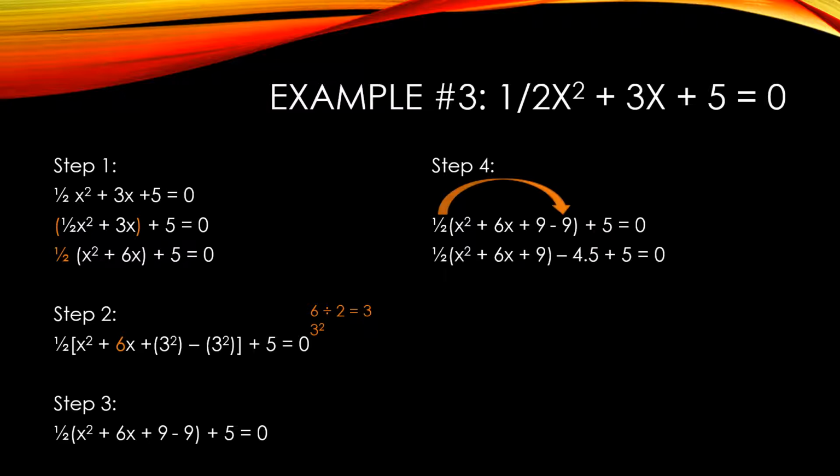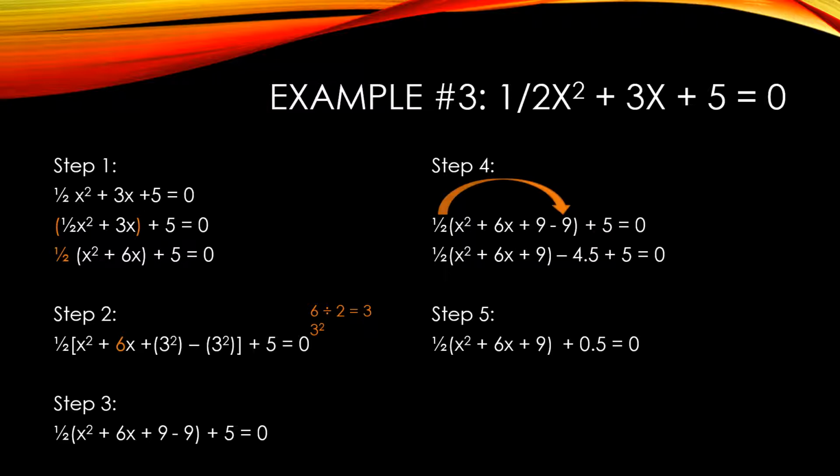So here we have 1/2 bracket x squared plus 6x plus 9, close bracket, minus 4.5 plus 5 equals 0. Step number 5, we're going to simplify our constants, that's -4.5 and positive 5, and we'll get positive 0.5.